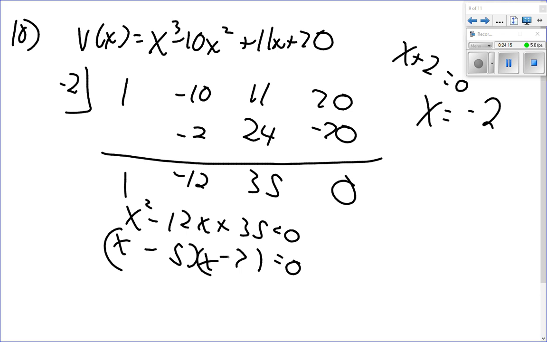I would say, oh, x minus 5 means I have a solution at 5, and x minus 7 means I have a solution at 7, but it didn't ask for the solution. It asked me to do what? Factor completely. So the complete factorization is the one I was given and the 2 I found.